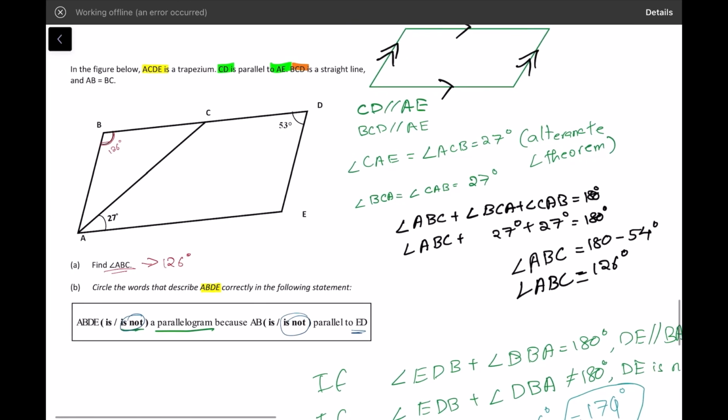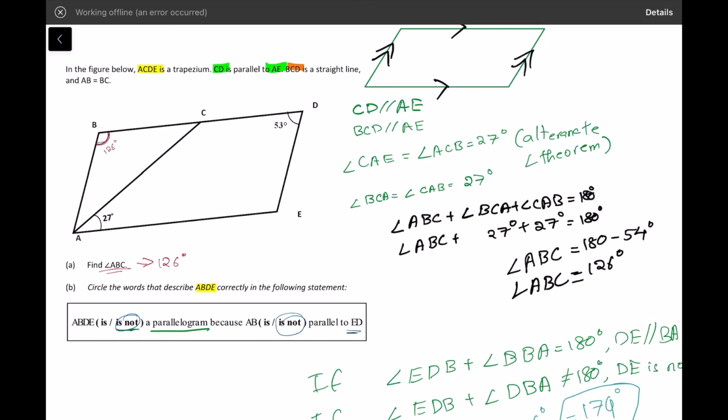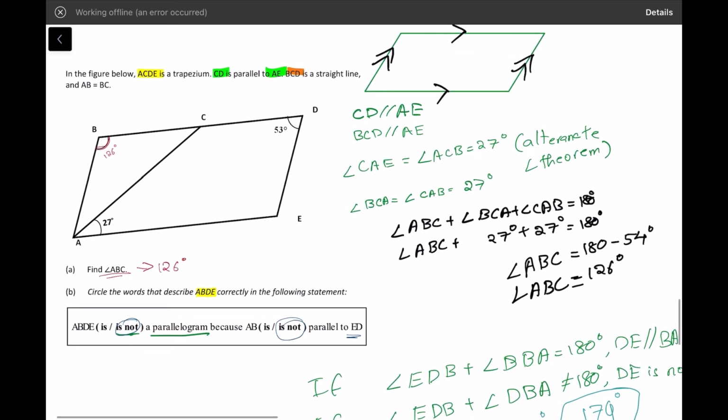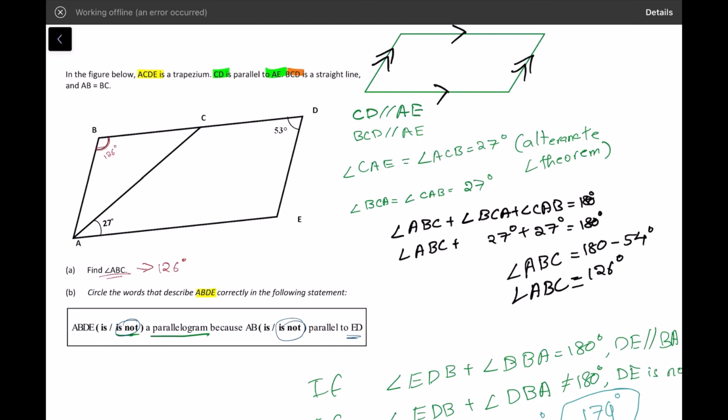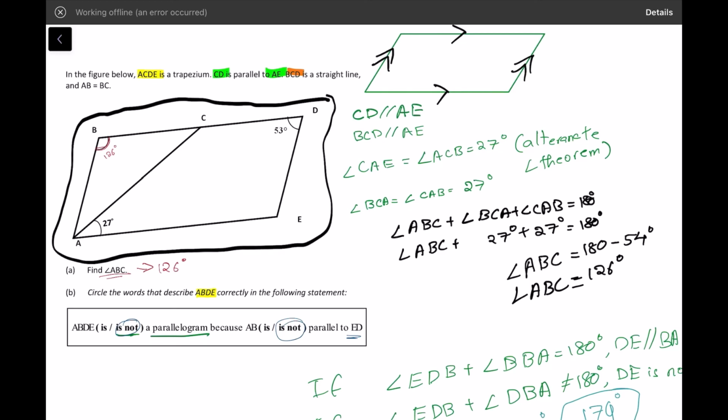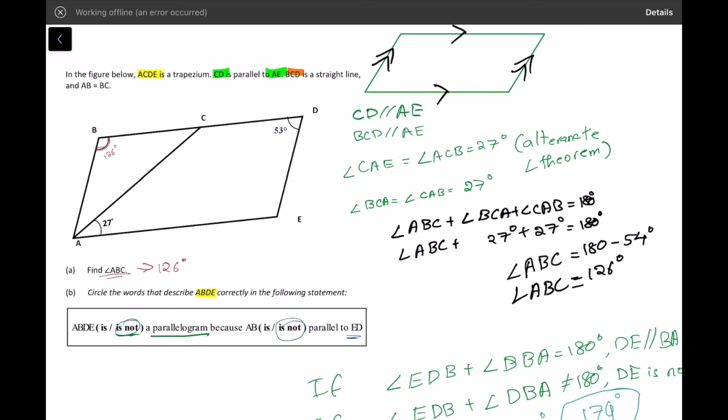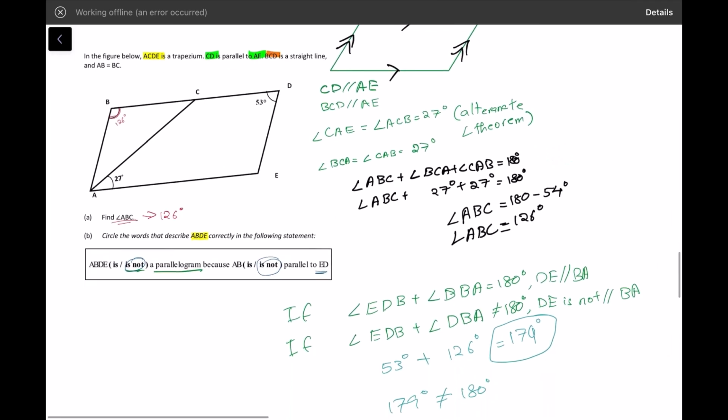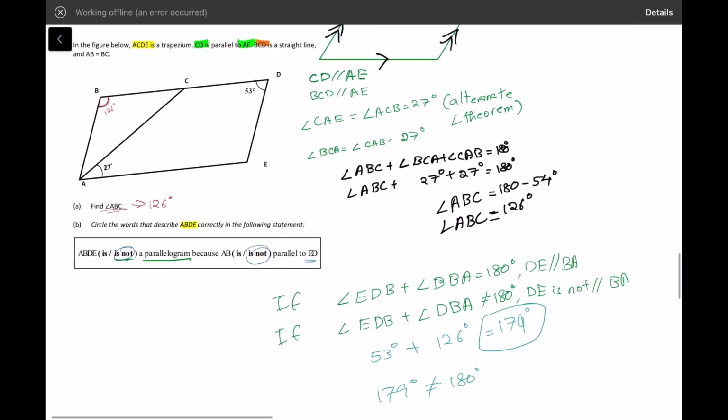But if your calculations don't agree with the assumption you made, then your assumption is wrong. So I wouldn't suggest you outright assume your answer straight away, but rather do the steps like what I did over here, and then based on whatever answer you get, jump to the conclusion. So yeah, those are the two parts for this question.